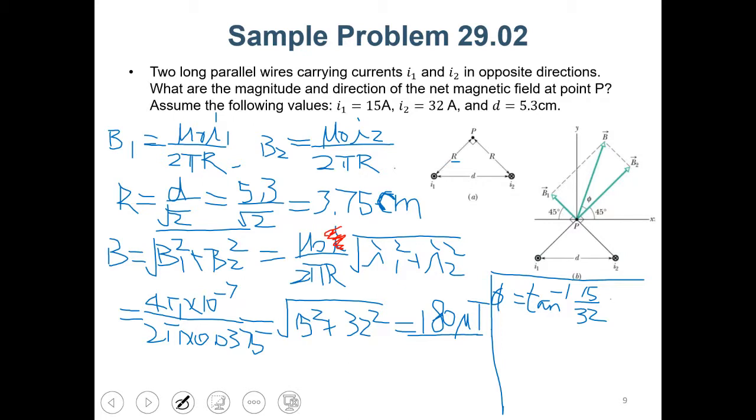So this is 25.1 degrees. And actually this is theta. So theta will be 25.1 degrees plus 45 degrees, which will be 70.1 degrees.